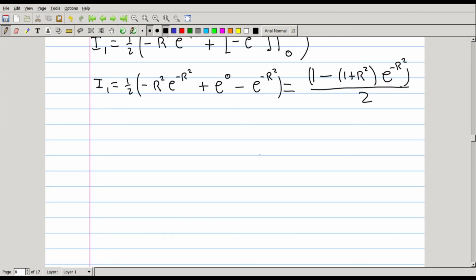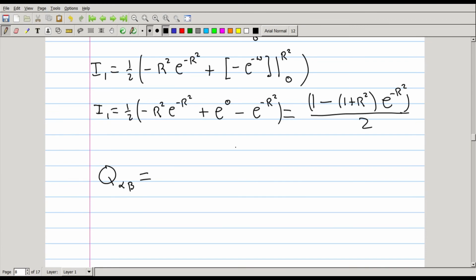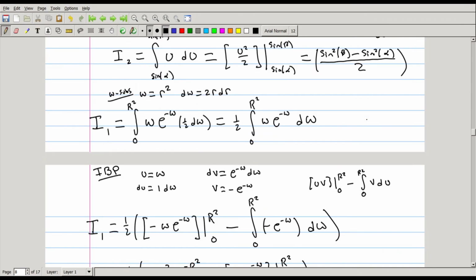So what we've just shown though then is that the charge Q in an arbitrary segment of the plate alpha from alpha to beta in terms of the angle theta is just going to be I1 times I2, which is going to be this value, I1 multiplied by I2.